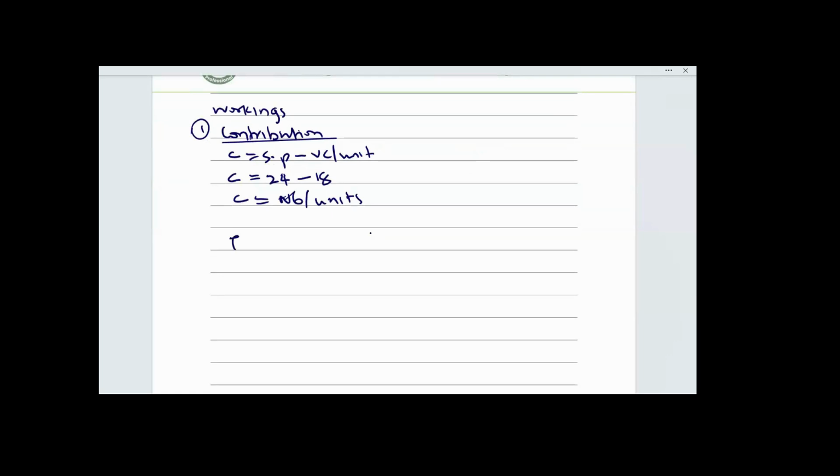To get the total contribution, the units produced and sold is 240,000 multiplied by contribution per unit of 6 naira. This will give you 1,440,000. So that represents the annual contribution.